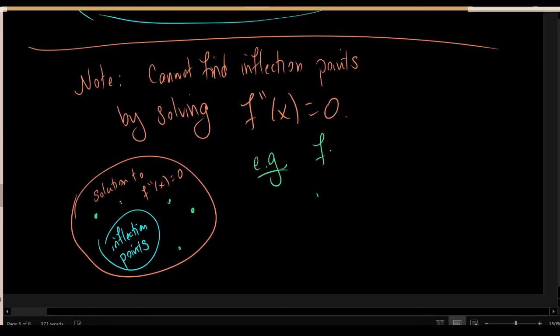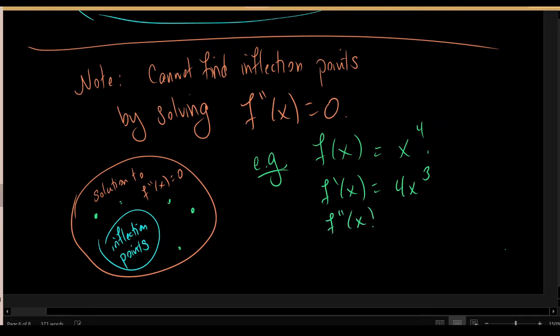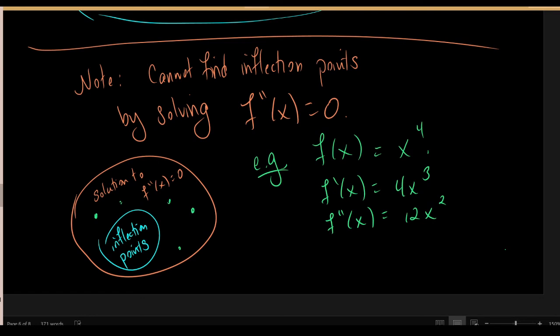Let me give you the function f of x equals x to the 4th power. If I calculate f prime, I get 4x cubed. If I calculate f double prime, I get 12x squared. Now take a moment and acknowledge the fact that 12x squared is never negative.